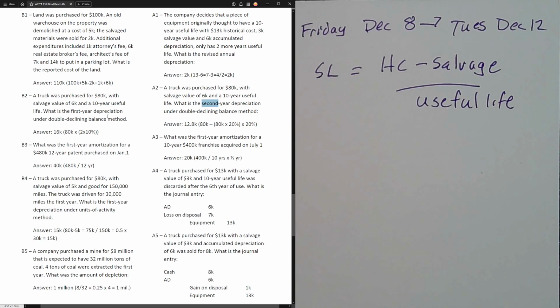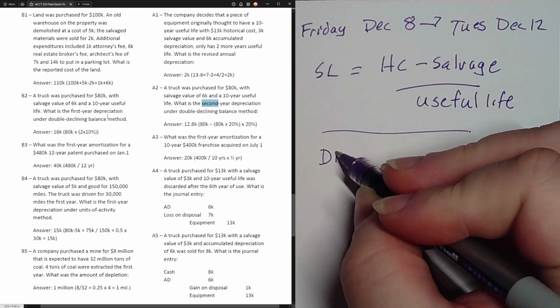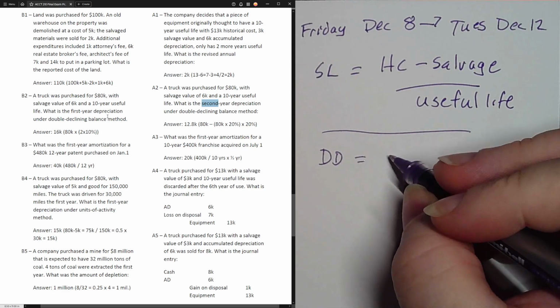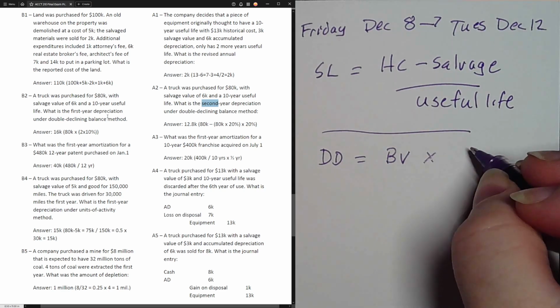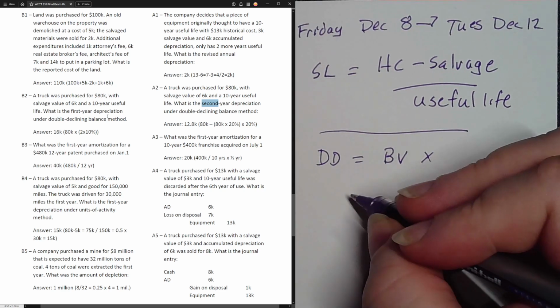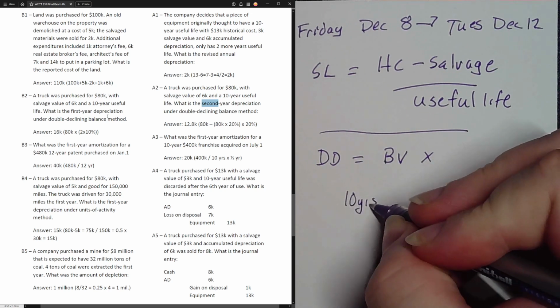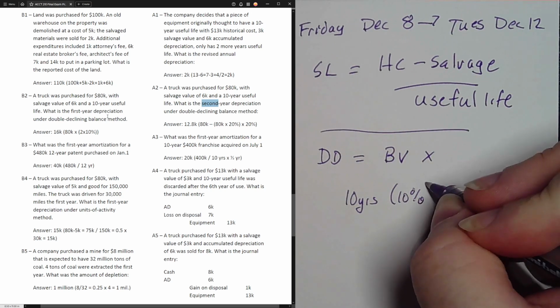So when we do double declining, double declining is going to be taking the book value times whatever the double percent is. So remember, if it's 10 years, well, that comes out to 10% a year.